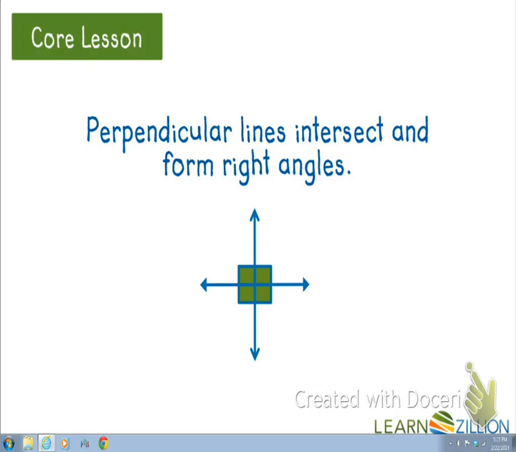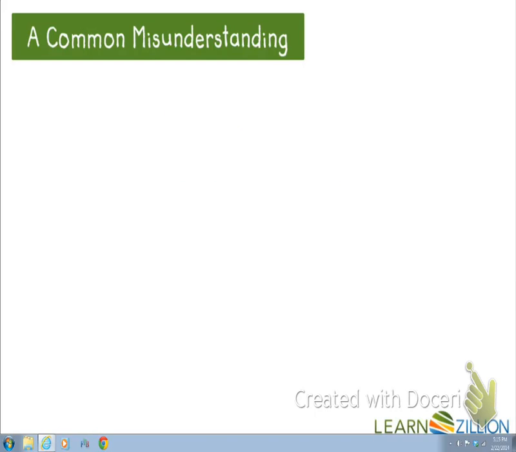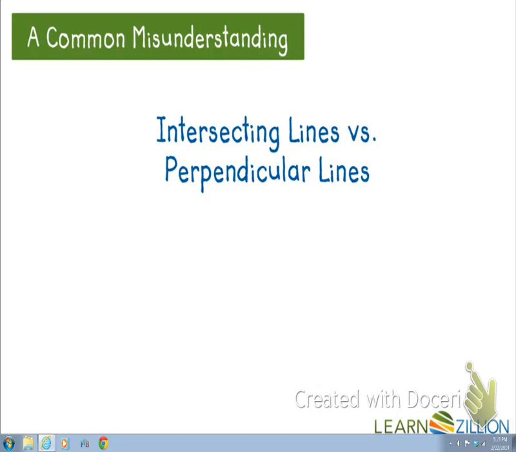Now, a common misunderstanding is how do we tell the difference between intersecting lines versus perpendicular lines? While all perpendicular lines are intersecting, all intersecting lines are not perpendicular. So the key to determining whether the intersecting line is perpendicular is to look at the point of intersection.